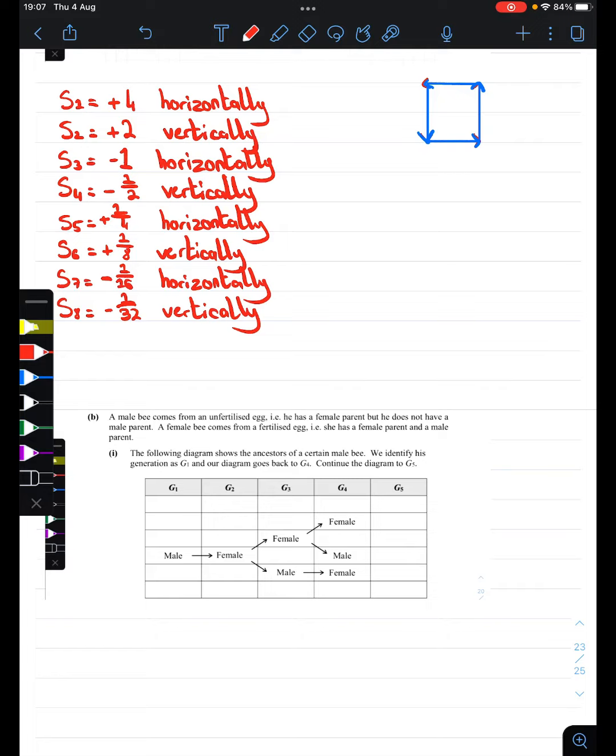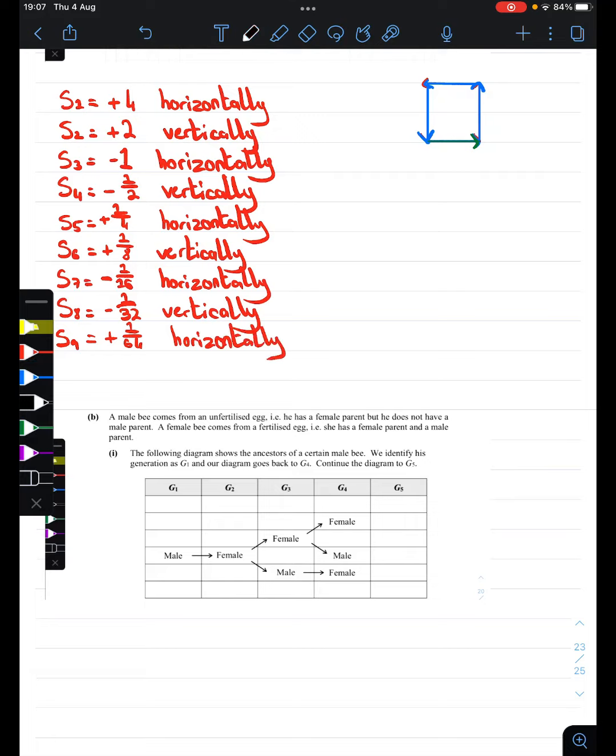Okay, and finally, S9, the 9th stage, he turns left again, and now he finishes off traveling positively in the x direction, half of 1/32, so plus 1/64 horizontally.